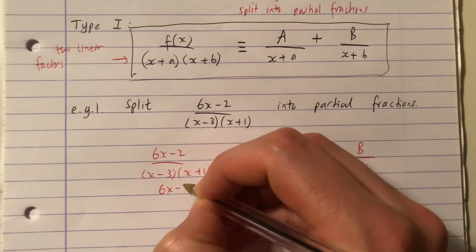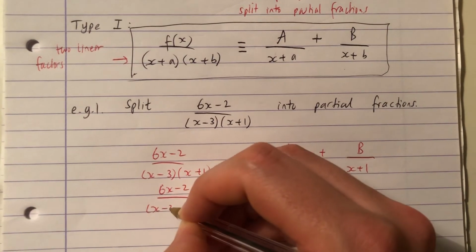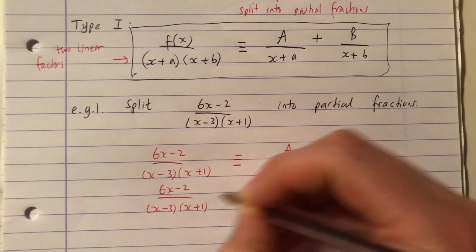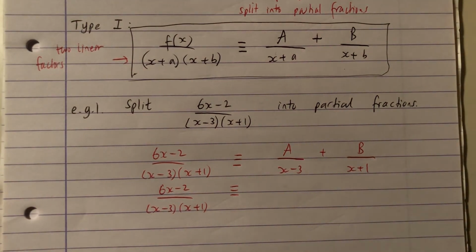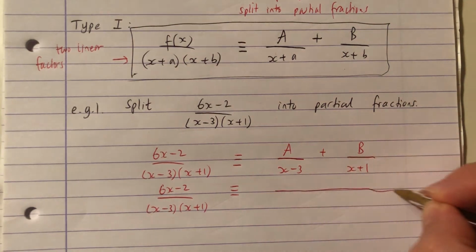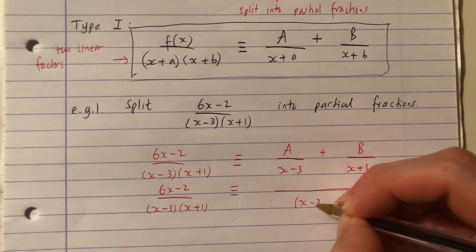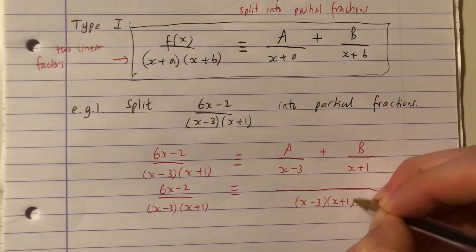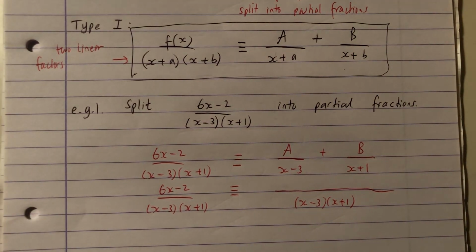So (6x minus 2) over (x minus 3)(x plus 1). Again, you're going to write it over a common denominator of (x minus 3)(x plus 1). What would you times the first numerator by?